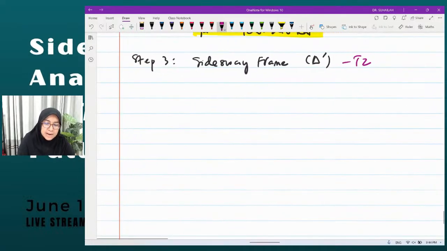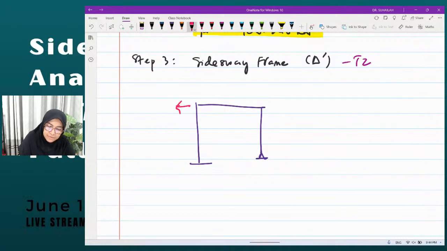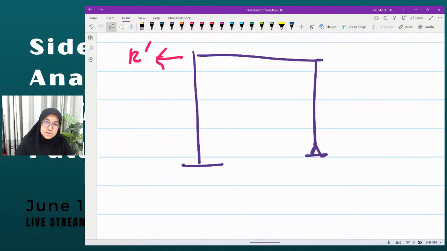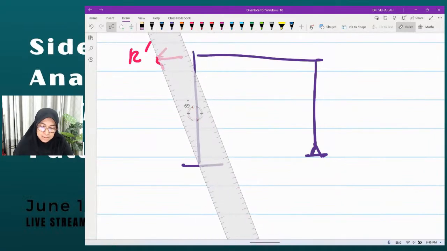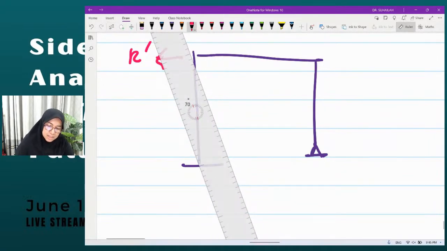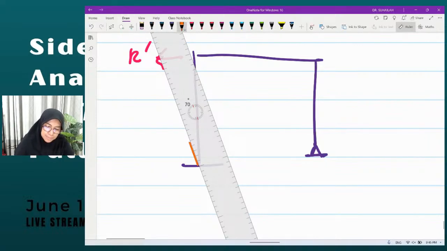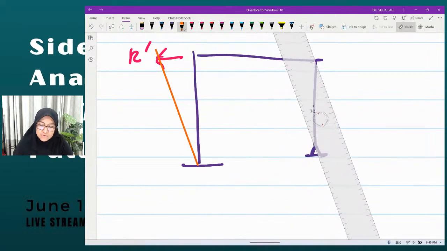The diagram looks like this: fixed and pinned, moving to the left direction, R prime. Due to this, there will be delta prime moving towards the left direction. For the delta prime, always find the triangular.